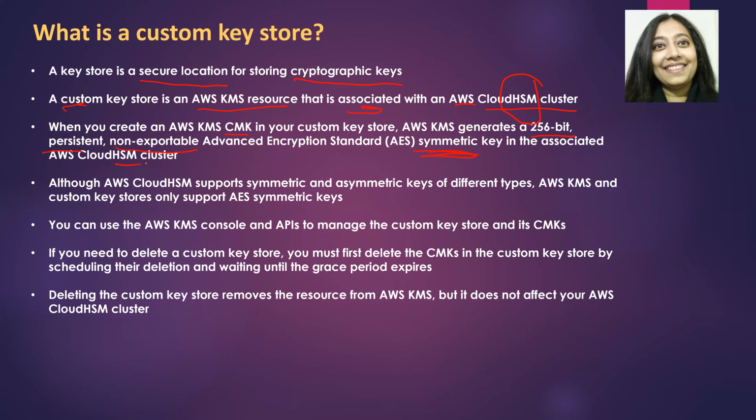Similarly, AWS CloudHSM supports both symmetric and asymmetric keys. But again, via AWS KMS and this custom key store, it only supports symmetric keys. You can use the KMS console and APIs to manage the custom key store and its CMKs.